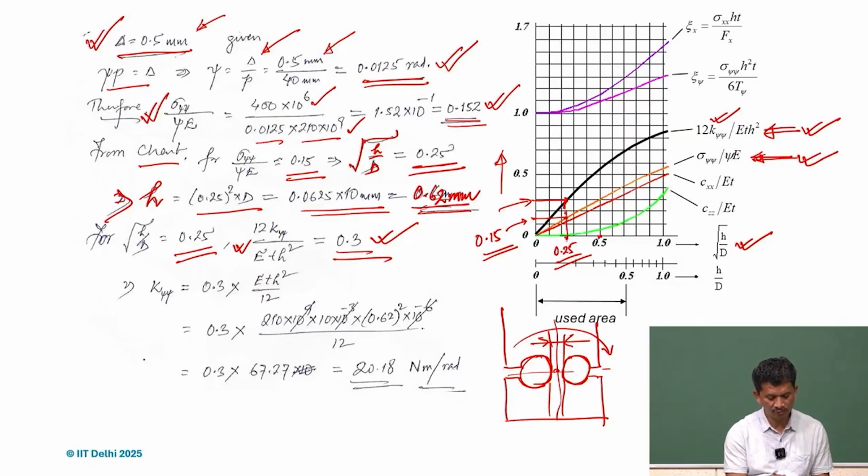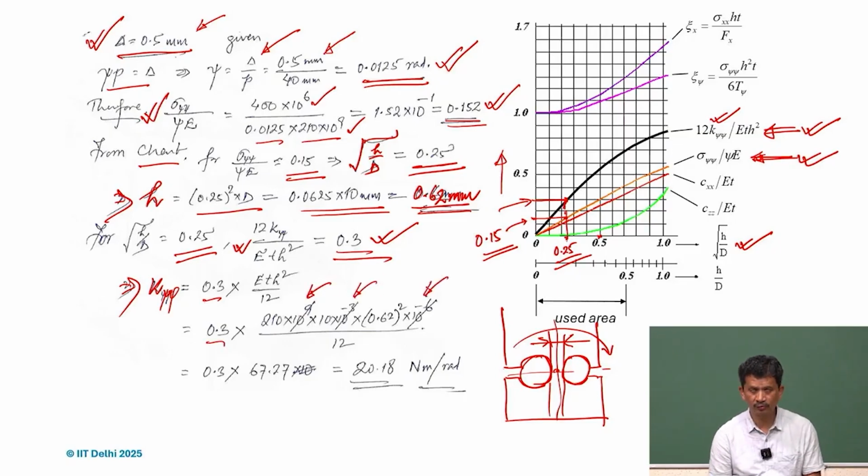So if we just move other terms to the other side, we should be able to find k psi, and that is 0.3 times ETH square by 12. So we can put the values. Again, be aware of these numbers. It's always better to use SI units. For instance, E is 210 times 10 to the power 9, T is 10 millimeter, so 10 to the power minus 3.